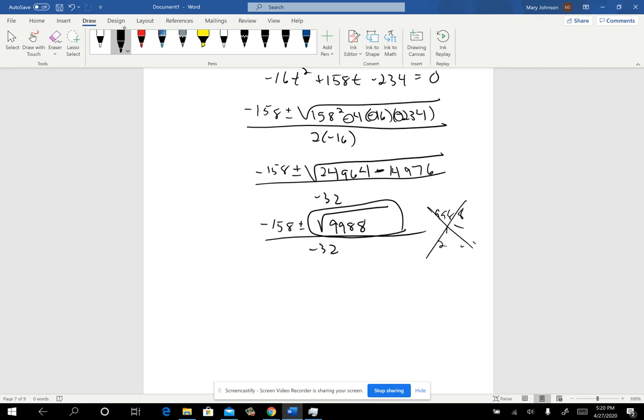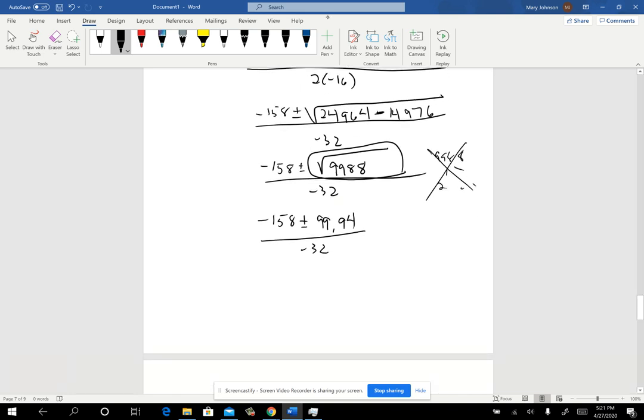I would keep a little bit of extra decimal places. Ultimately, you're rounding to the nearest tenth, but to start with I would keep at least the nearest hundredth, at least one more than you ultimately want, so you're not introducing round-off error too soon.